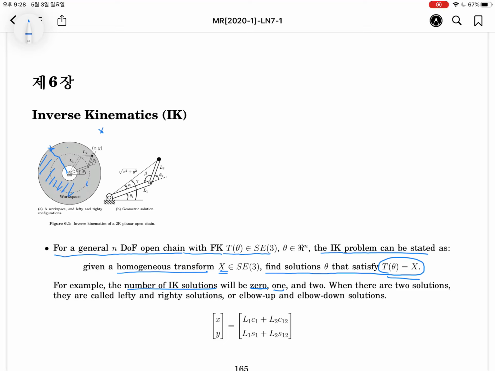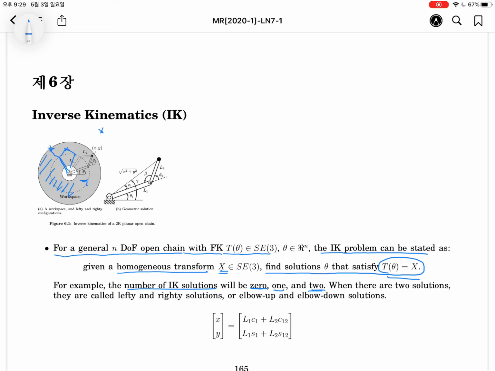Inside the workspace, if any point is specified, then we have two IK solutions, as you can see in this figure. Like this, there are many IK solutions according to the robot configuration.